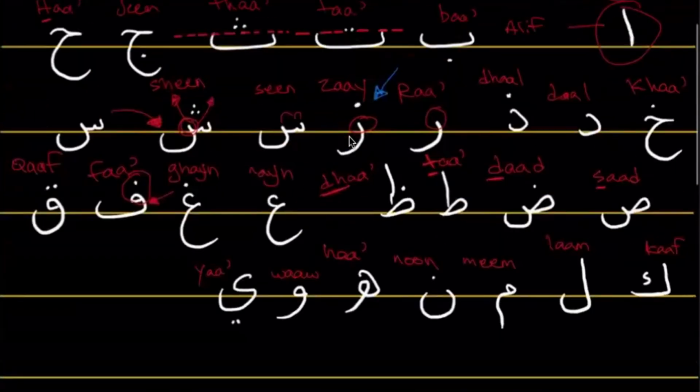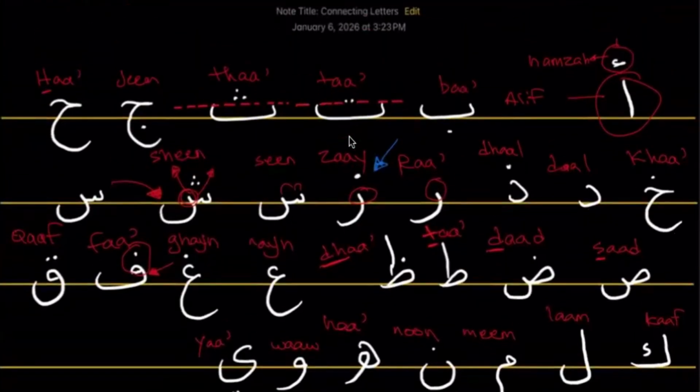So, first of all, let me number the letters here, so that if I need to use the number as a reference, you will be able to follow with me. Assuming you don't know all the letters yet.